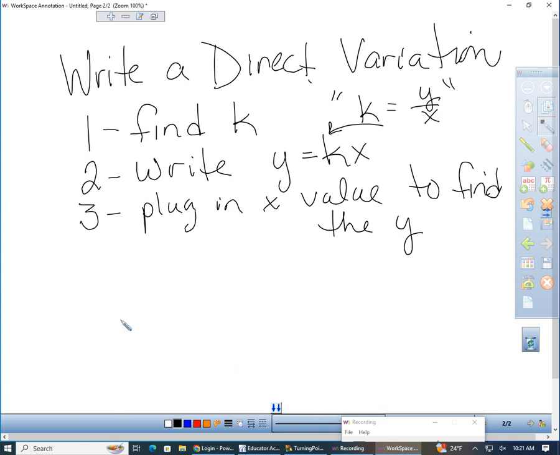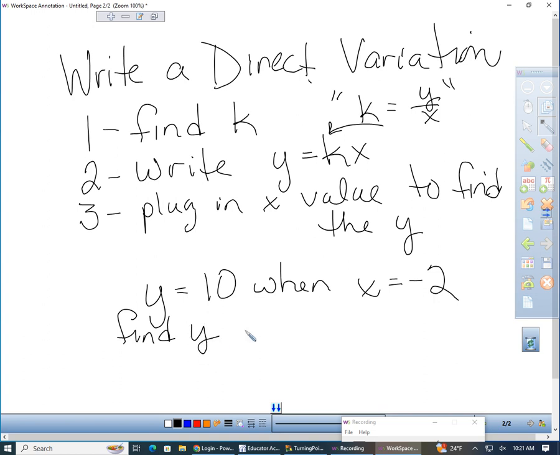So what it's going to look like is you're going to be given something like y equals 10 when x equals negative 2. Find y when x equals 12.